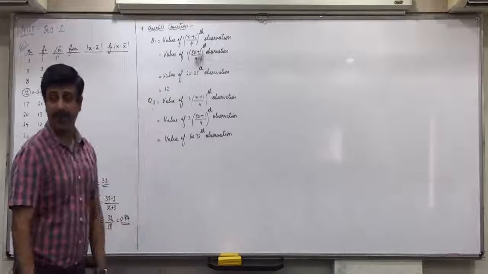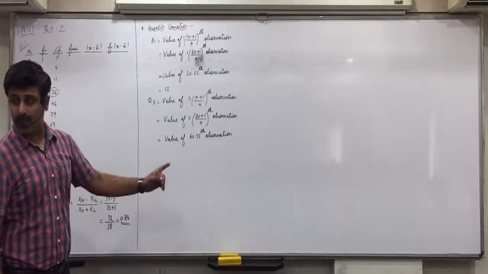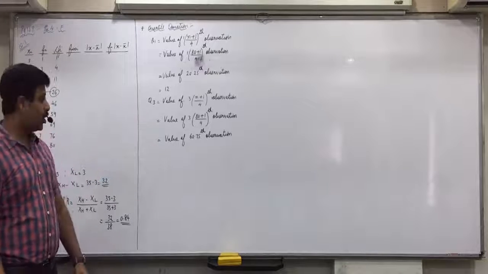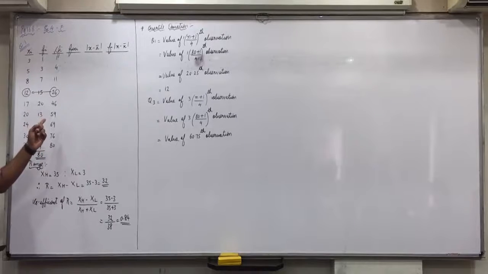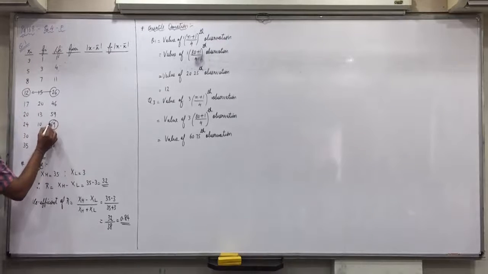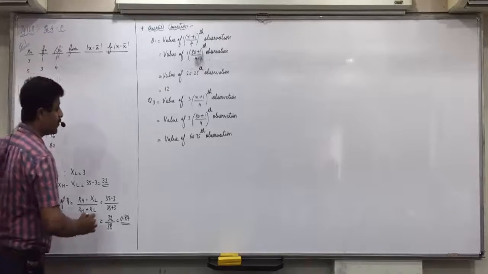As I said, in the calculator, first you do 80 plus 1 divided by 4, then you multiply with 3. You get 60.75. Do we have 60 again in CFI? No, so we don't have to expand. Which is the CFI just greater than 60.75? 69. And your answer is 24.